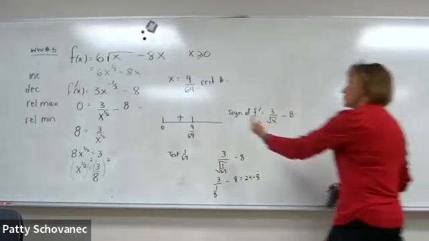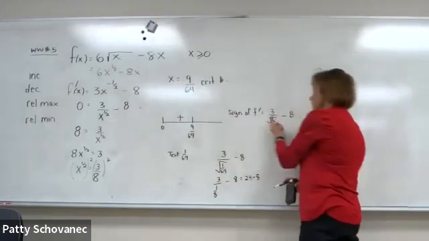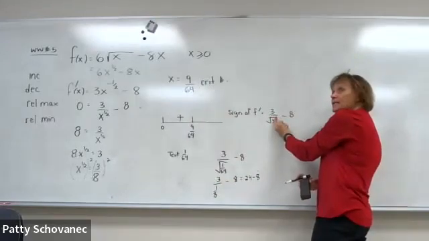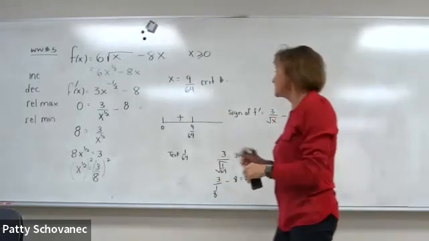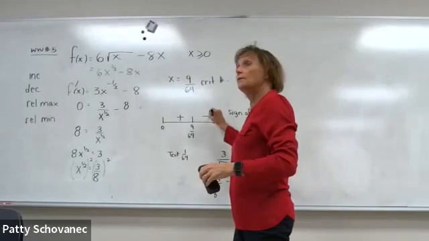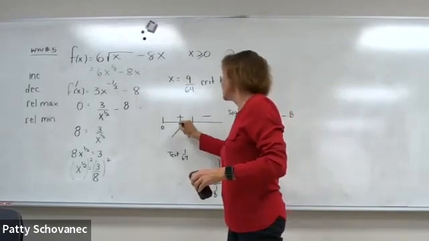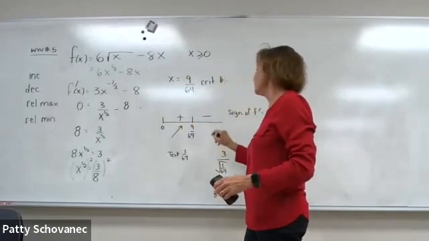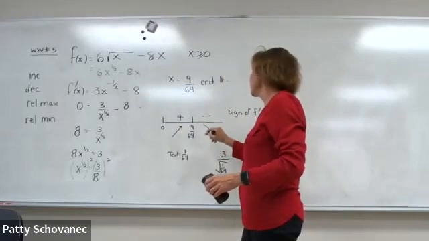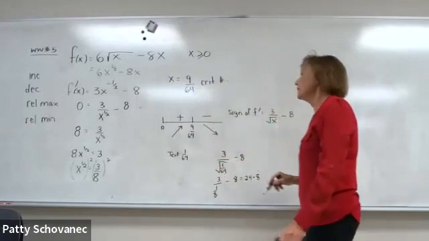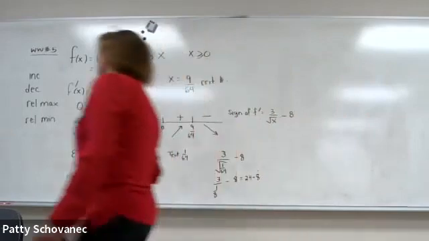Now an easy test point over here is 1, because the square root of 1 is 1, and that leaves me with 3 minus 8, and that's negative. So my graph will increase between 0 and 9/64, decrease for the rest of time, and that gives us only a relative max.